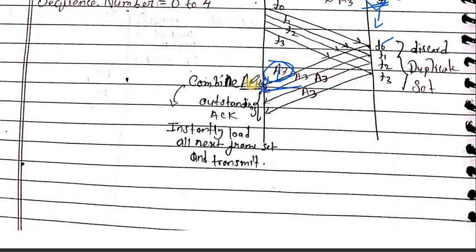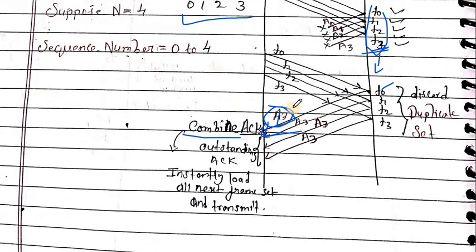Here also A3 is a combined acknowledgement. When the transmitter gets the acknowledgement of A3, it knows that the receiver needs the frame after frame 3. So the transmitter won't wait to get another acknowledgement for frames 1, 2, 3.